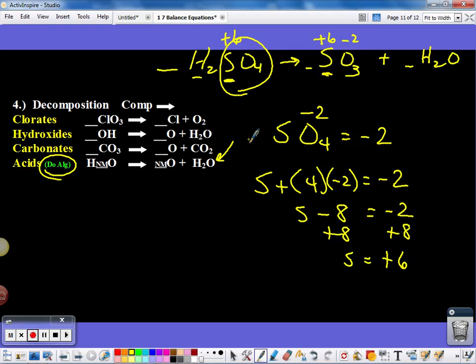I have 1 S, 1 S. I have 4 O's over here, and I have 3 plus 1 equals 4 over there. So it's balanced. They don't all balance quite that easy, but that one does. Okay? Those with the plus 2 charge balance very easily if you know what the charge of the nonmetal is, or the middle element.